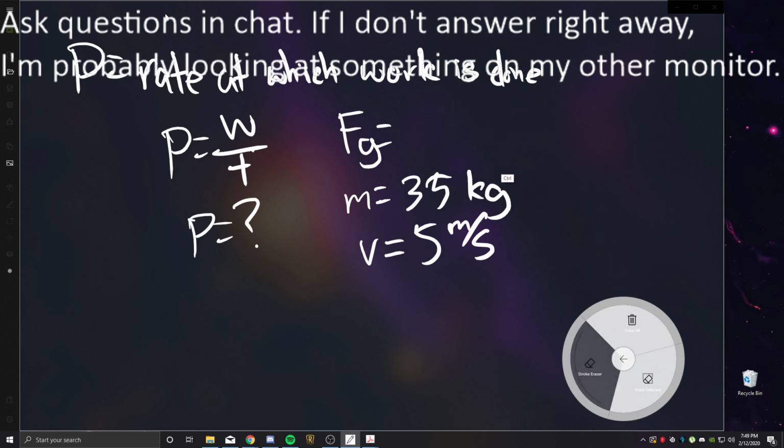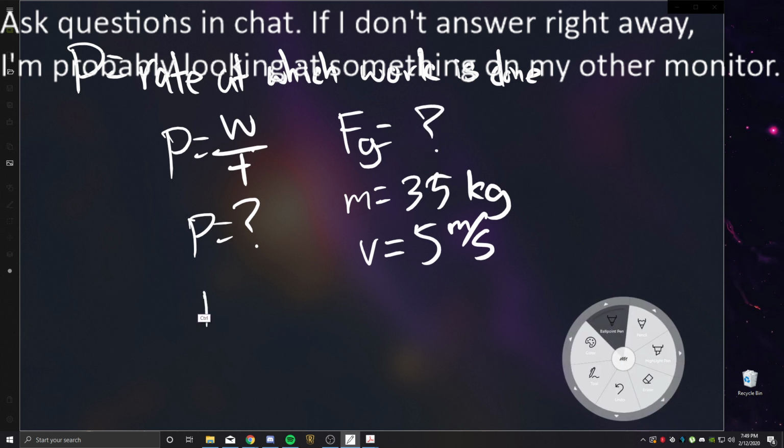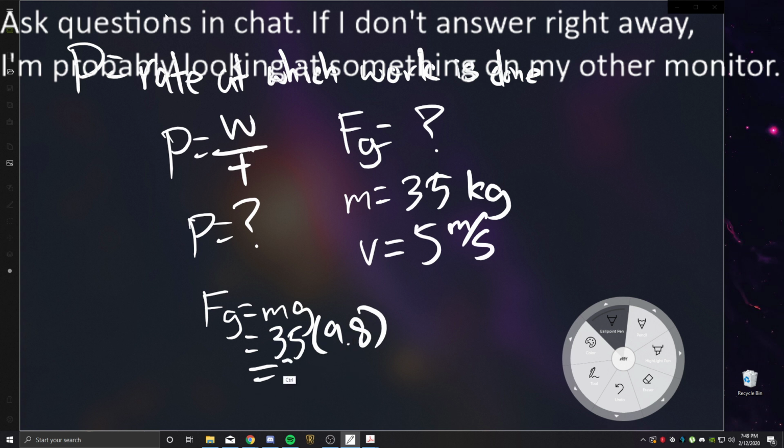I'll list all my steps. So your mass is 35, and we know that g is 9.8, and we'll round this to 10. So 10 times 35 is 350. Okay, 350 newtons.